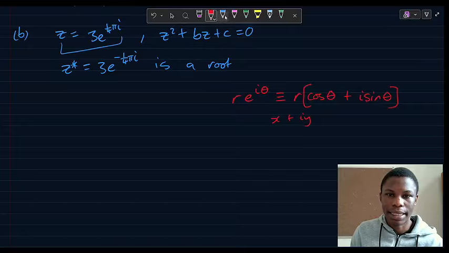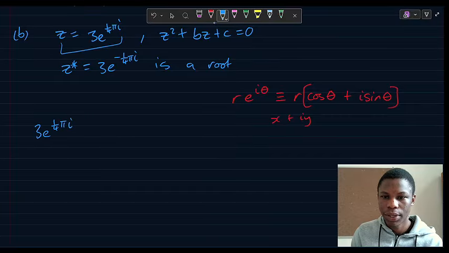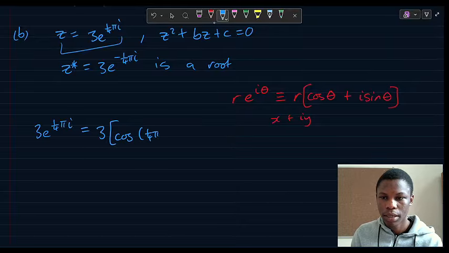So we'll start with z. We know that z is of the form 3e to the quarter pi i. So this becomes r, our r is 3, times cosine of a quarter pi plus i sine of a quarter pi.